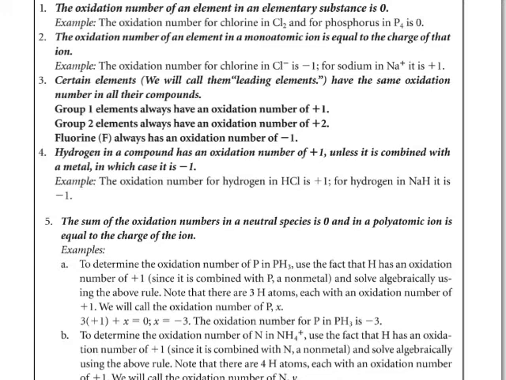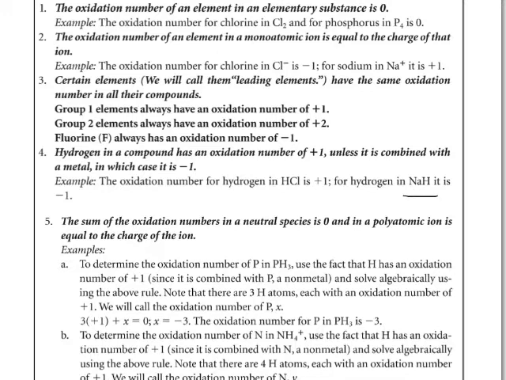And there are certain elements that always have the same oxidation number when they're combined. So all of the group 1 elements are +1, all the group 2 elements are +2, fluorine is always -1, hydrogen is always +1 unless it's combined with a metal. So over here, like with sodium hydride, it would be -1.